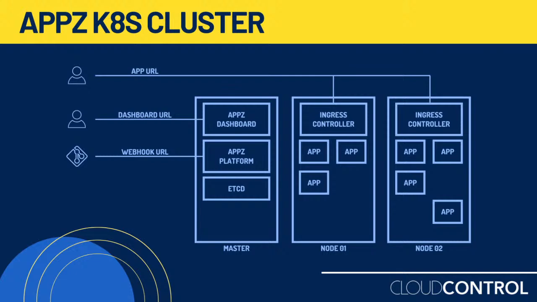Now this cluster is getting built. Cloud Function builds the infrastructure, and then the AppZ installer starts building the Kubernetes cluster. We use upstream MicroK8s to build the cluster, and MicroK8s is a common denominator. So whether I'm building on Oracle Cloud or Google Cloud, it doesn't matter. Every cloud looks the same to us. Once the cluster is built, we put in our core components, which is the AppZ platform.